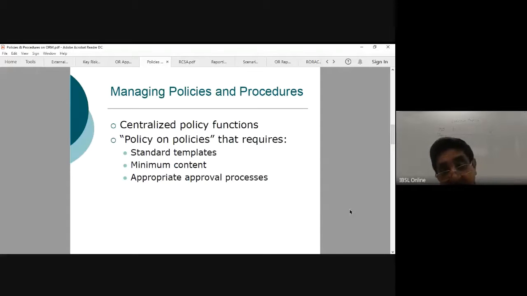But I think you can see there should be standard templates, minimum contents, approval processes and all. Because the policy is approved by the board of directors, it is the highest level document you have to follow.